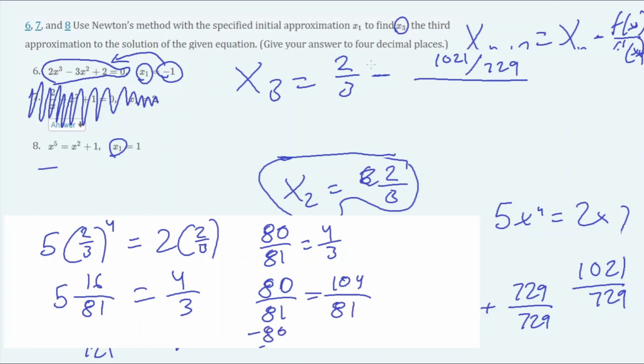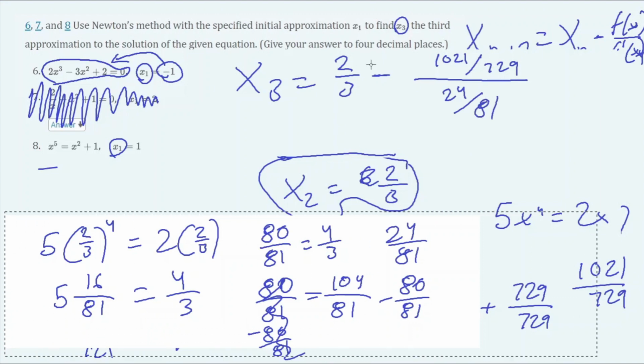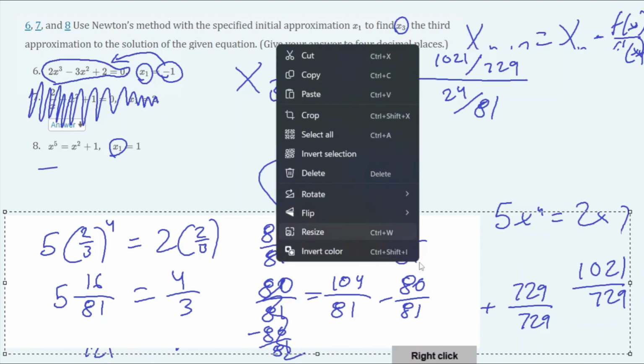Now we multiply 80 over 81 over on both sides. So we're going to have 104 minus 80 over 81. So we're going to have 24 over 81 on the denominator here. And now we're just going to be simplifying all this and doing some calculations.